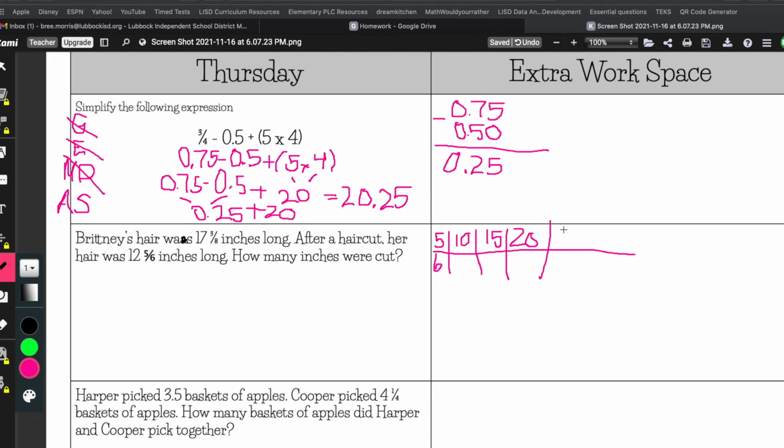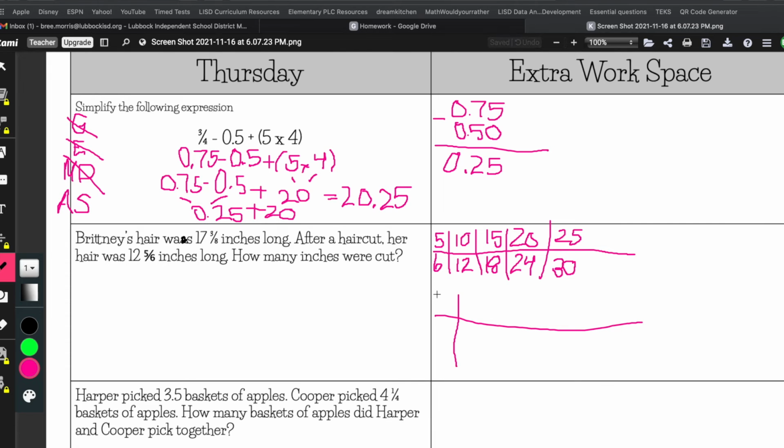Oof, this writing, y'all, it's bad. Okay, then continuing, making a ratio table. Oh my gracious.